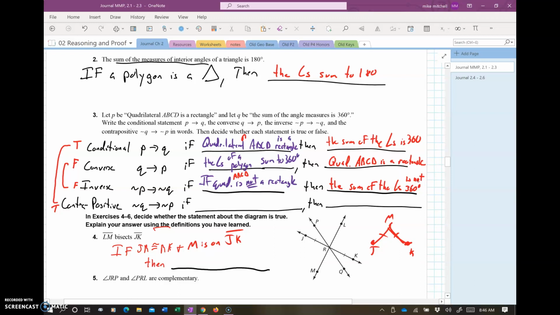Contrapositive, again, I just switch these two around from the inverse, or I can take the converse.